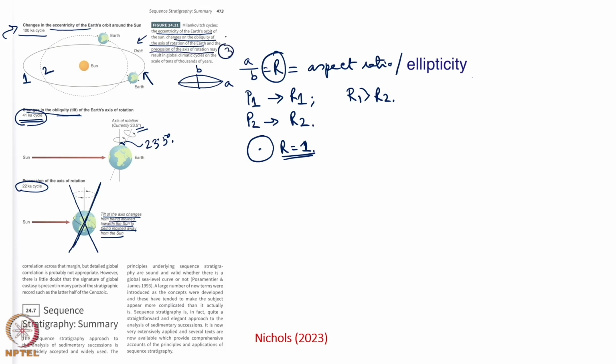These are the three parts of the Milankovitch cycle, and the cyclicities are different. For number 1 it is 100 kilo year, for number 2 it is 41 kilo year, and for number 3 it is 22 kilo year.